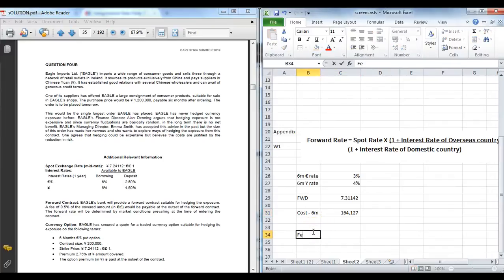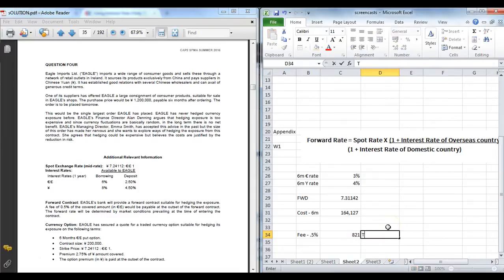There is a fee of 0.5%, and that 0.5% is based on the euro amount. So we're going to pay a fee up front, so times 0.005, of about 820. So 821 up front, 0.5% of 164,127.